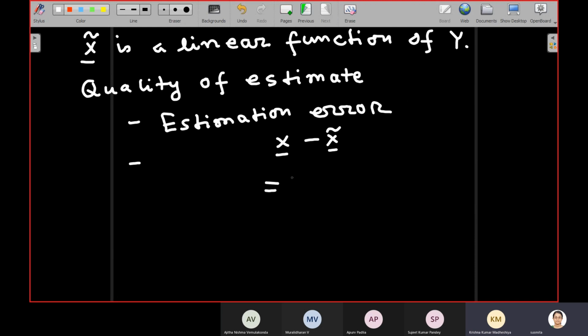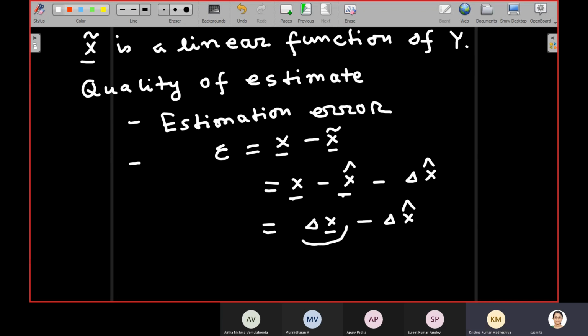So let's substitute for x tilde. X tilde is x hat plus delta x hat, right? Now x minus x hat is delta x, and this will be negative. So we basically have this one. So this is the estimation error.